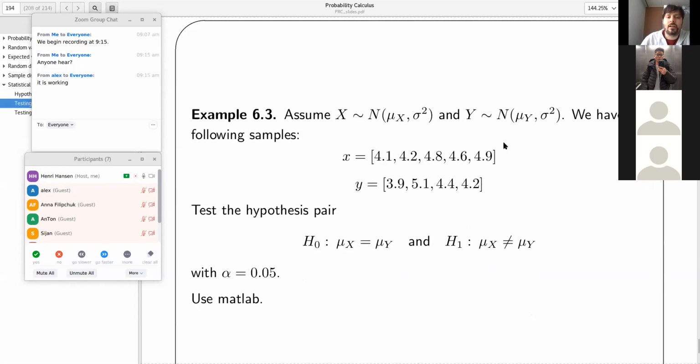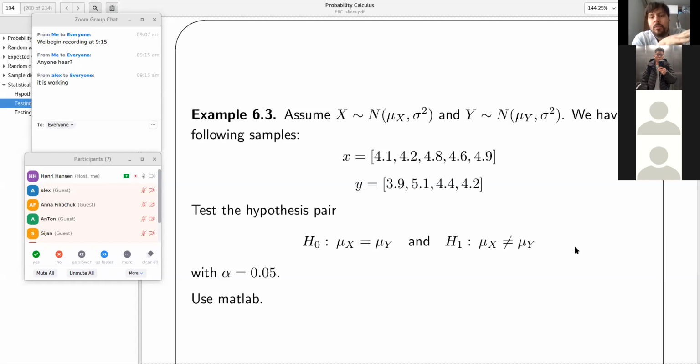So here's another example. Assume that we have this X, which has this distribution, mu of X, unknown, of course, and sigma squared, unknown, but whatever it is, sigma squared, and Y has the same variance and an unknown expected value.